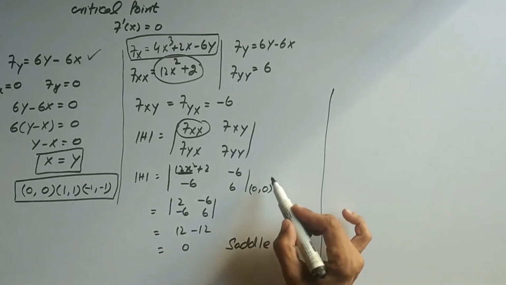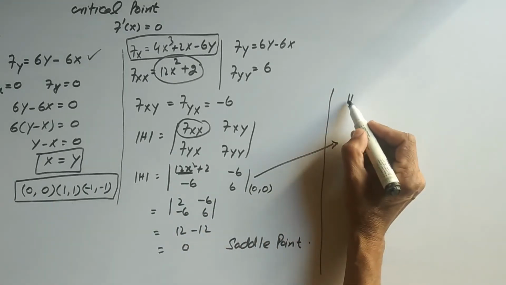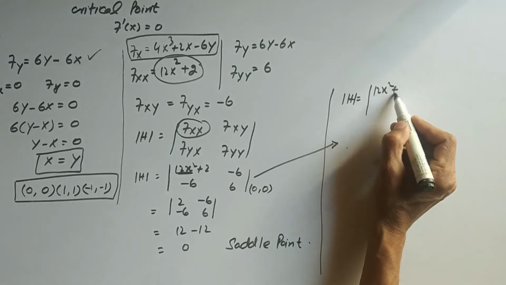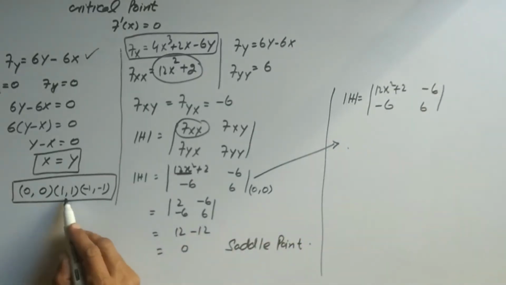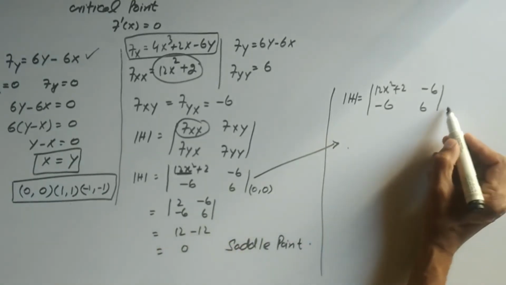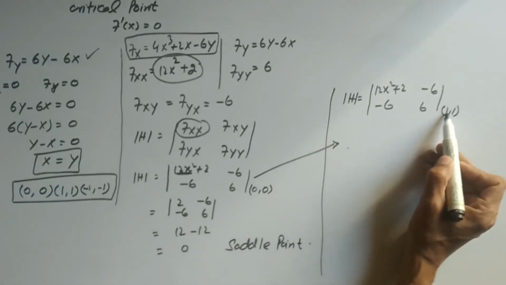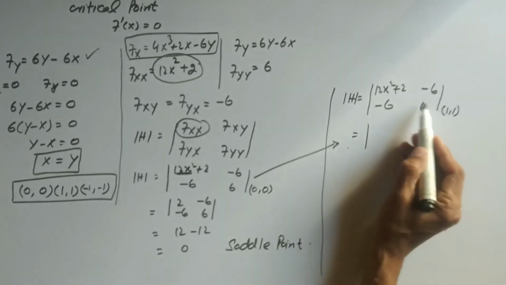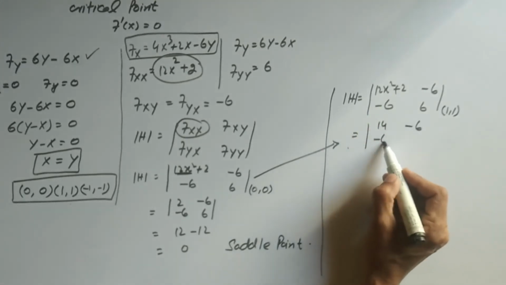Now again we will take the Hessian, that is 12x square plus 2, minus 6 and 6. Now take the last value, that is 1, 1. We put the value of 1, 1, meaning x will be 1 and y will be 1. When we put positive 1, again 14, minus 6 and 6.